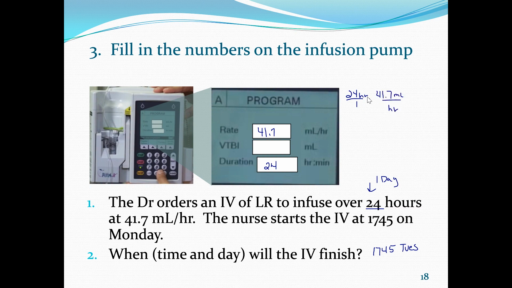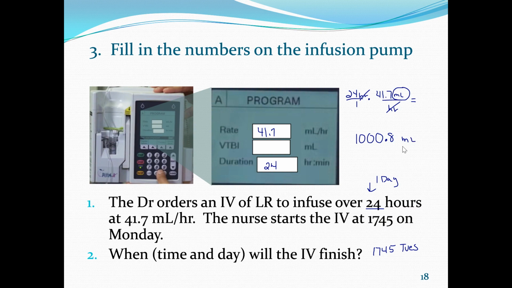So if I put those together in a dimensional analysis to cancel hours and get milliliters, and I know I want milliliters on top because that's my answer. I don't want an answer in the denominator. I just multiply straight across. So 24 times 41.7, and I get 1,000.8 milliliters.